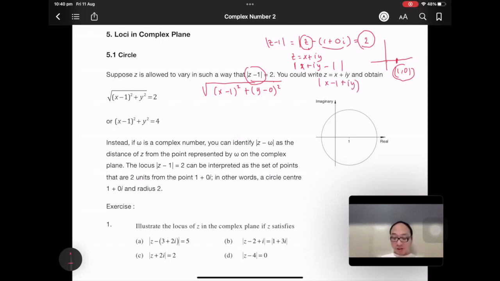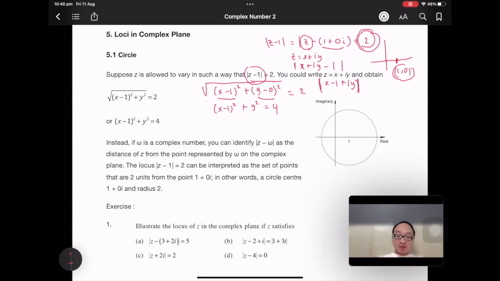In this case, the modulus of this will be the square root of x minus 1 squared plus y minus 0 squared, and this equals 2. If I square both sides, I will have x minus 1 squared plus y squared equals 4.